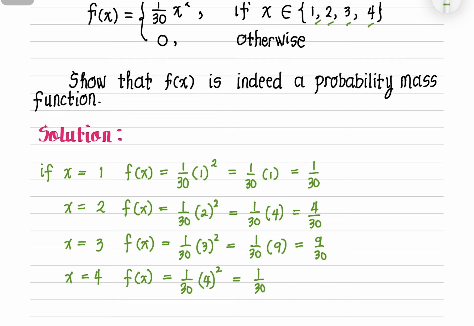So 1 over 30 and then 4 squared, which gives us 16. Tama? And then times 1 over 30, that gives us 16 over 30. Or we can still simplify, that is 8 over 15.